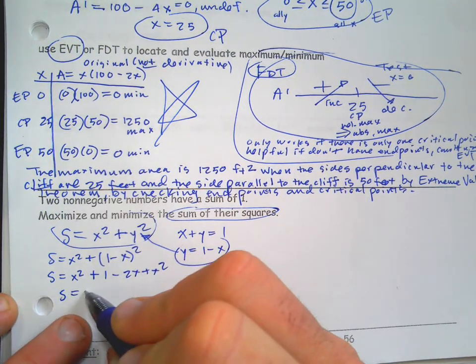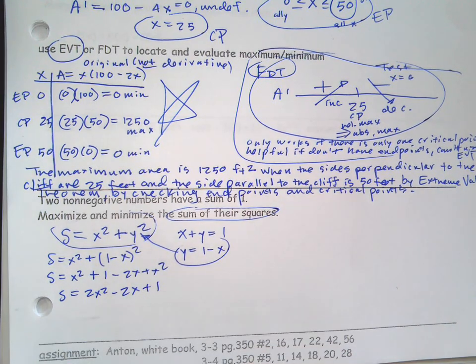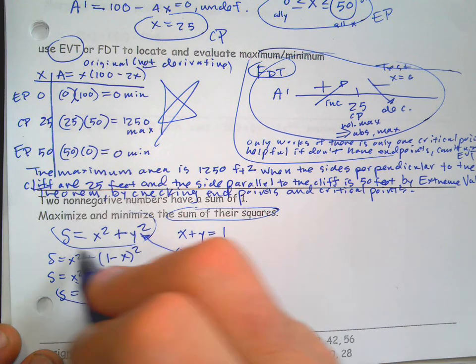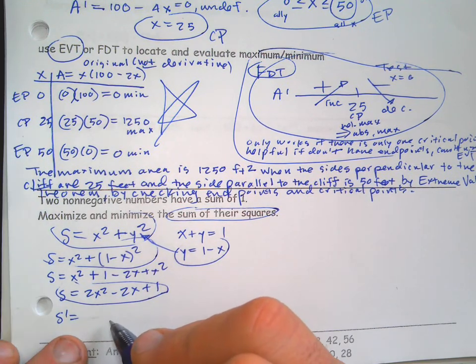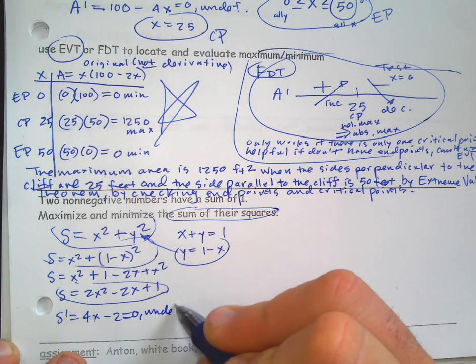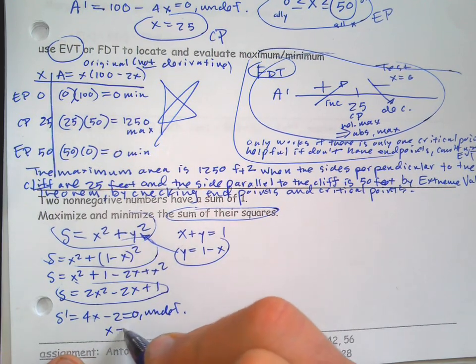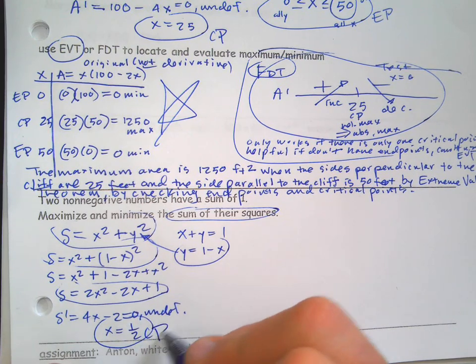S equals 2x squared minus 2x plus 1. So I'm just trying to clean it up. So this is our new formula in terms of one variable. We want to find critical points. So S prime equals 4x minus 2 equals 0 or undefined. So then x equals 1/2 is your critical point.